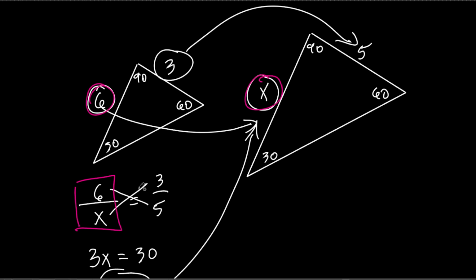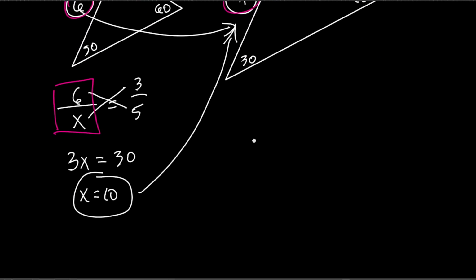Then I put an equal sign. And then I take a look at another side. Well, this compares to what side over here? This side 5. You see it? 6 goes with x, 3 goes with 5. I set up a little proportion. I do a little bit of math, cross multiply, solve for x, and I get what x is equal to. That's how you use this similarity stuff, and that's some of the stuff that they're going to ask you to do here.